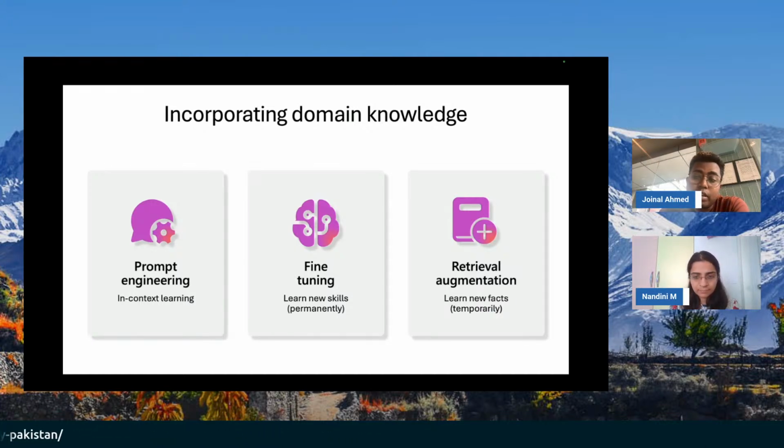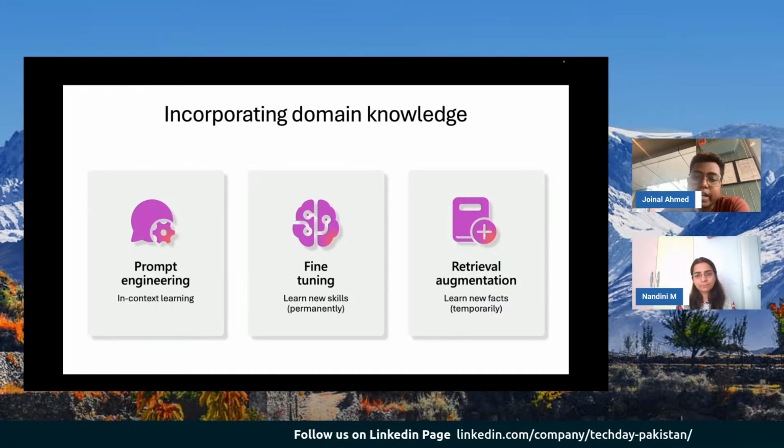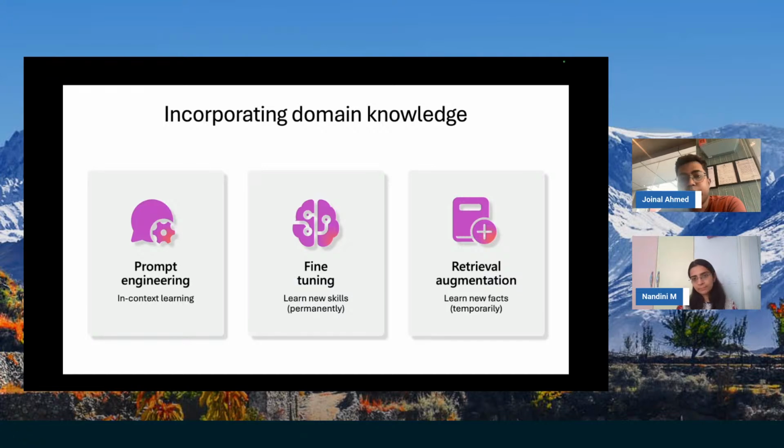The second way is fine tuning the model. Essentially, you train the model on a subset of your own data set so that it understands your domain, maybe company related information or any specific thing you want the model to learn, and then it can answer on that basis.